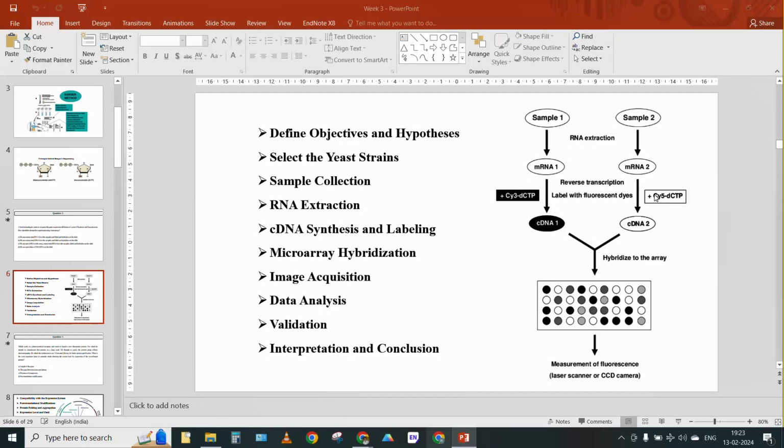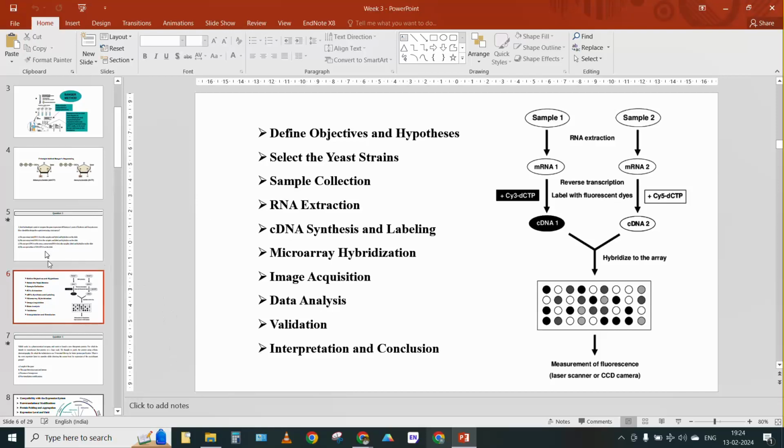In the next step, he'll perform statistical analysis on the microarray data to identify genes that show significant differences in expression between the yeast strains from Kashmir and Kanyakumari. Then the validation, interpretation and conclusion will be done by the food technologist. At last he'll interpret the results in the context of the experiment's objective, whatever he objectified and hypothesized. According to this, all these steps.